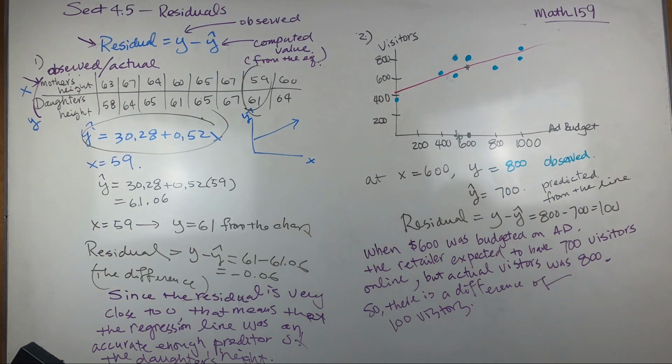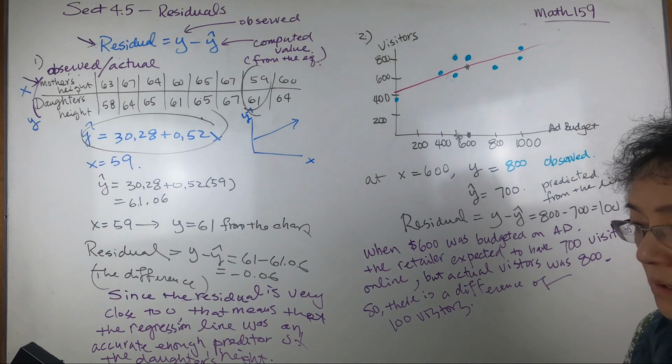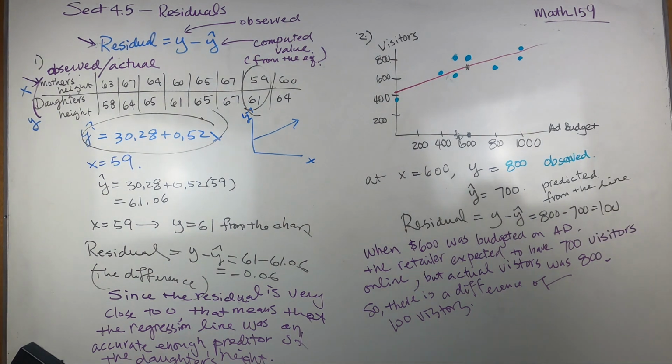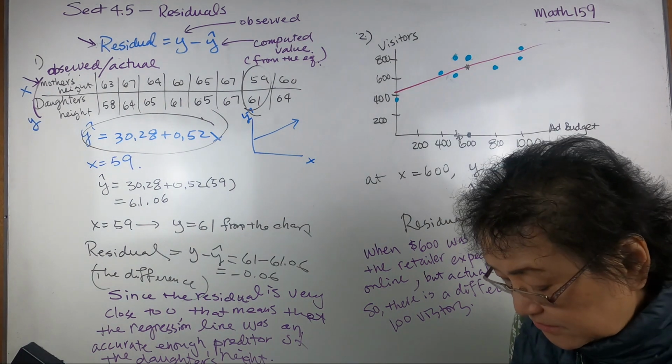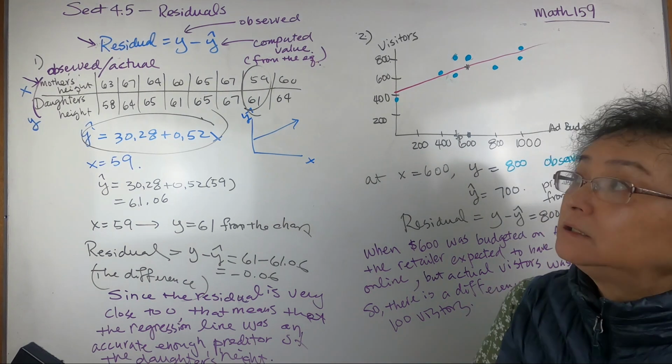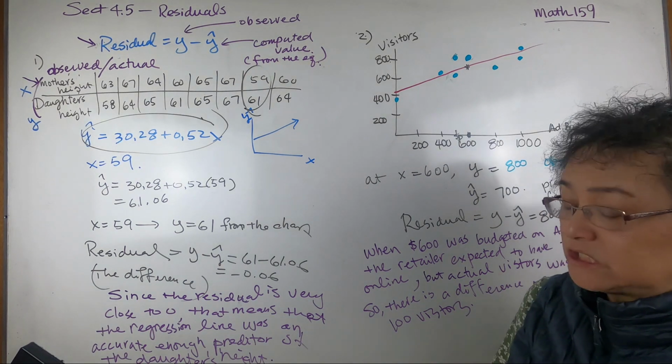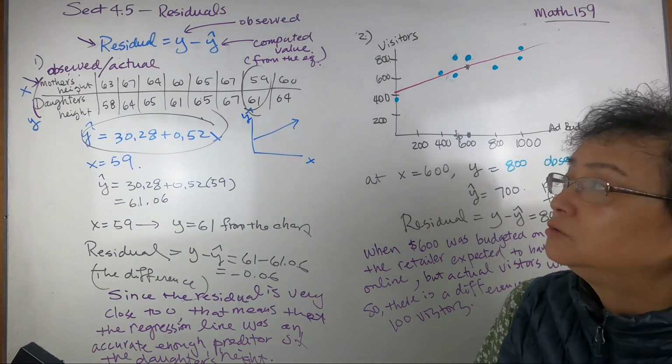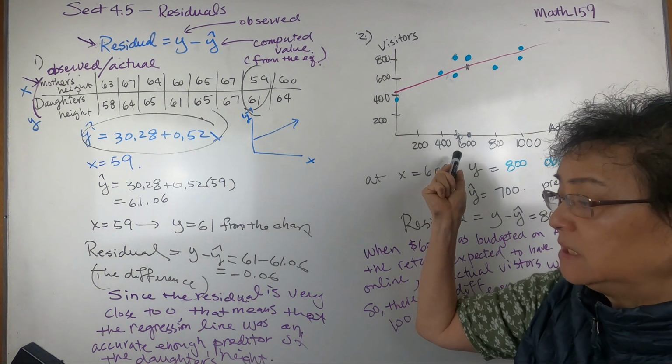So the predictions and actual values may differ, and we call that difference the residuals. It happens when you do the prediction, when you do statistics and use the observed data, so you get residuals. You identify those residuals.